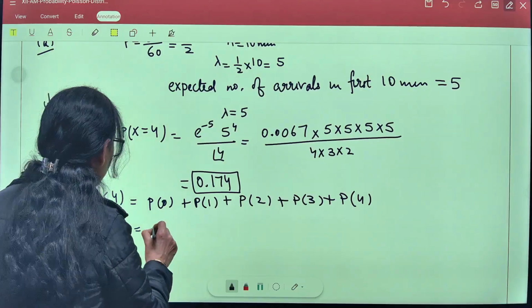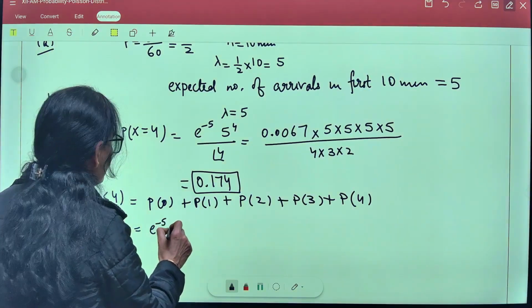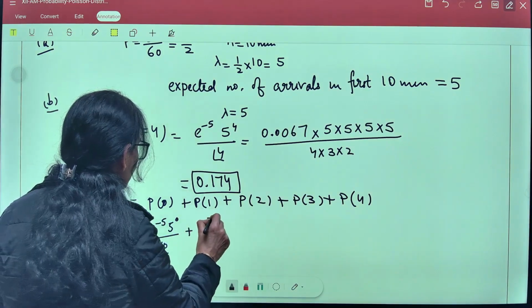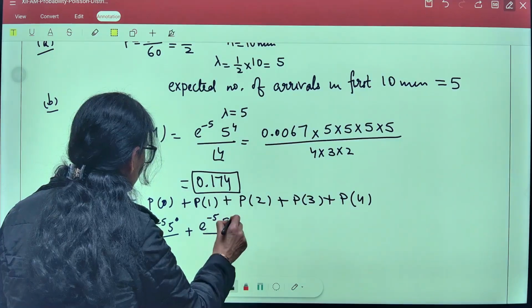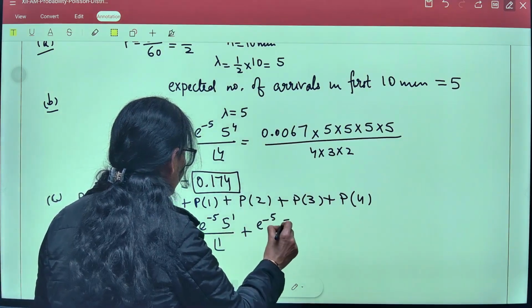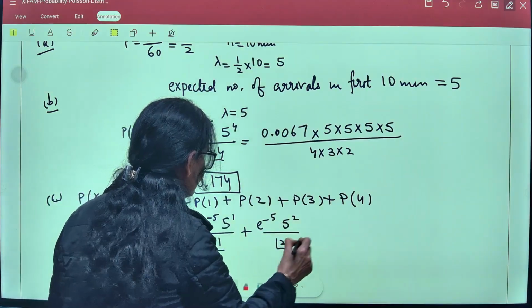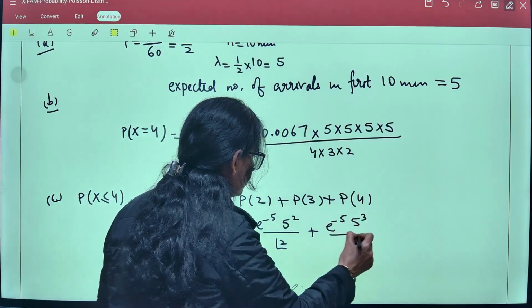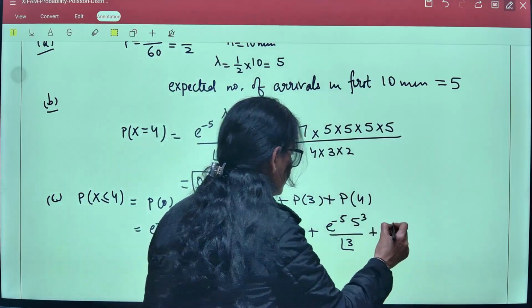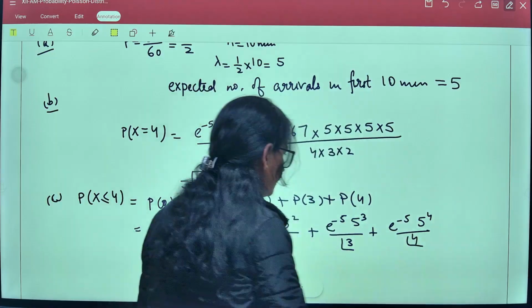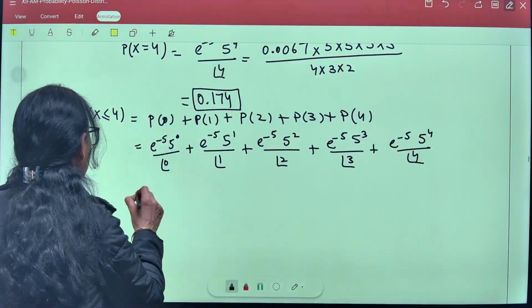So it is e raised to power minus 5 into 5 to the power 0 upon 0 factorial plus e raised to power minus 5 into 5 to the power 1 upon 1 factorial plus e raised to power minus 5 into 5 square upon 2 factorial plus e raised to power minus 5 into 5 cube upon 3 factorial plus e raised to power minus 5 into 5 to the power 4 upon 4 factorial. Take e raised to power minus 5 common out.